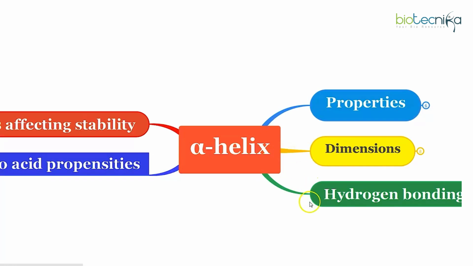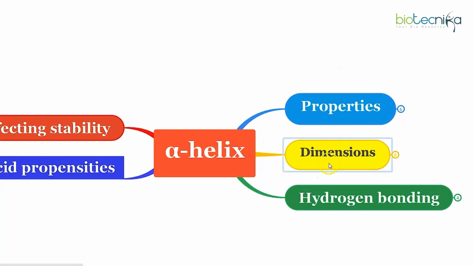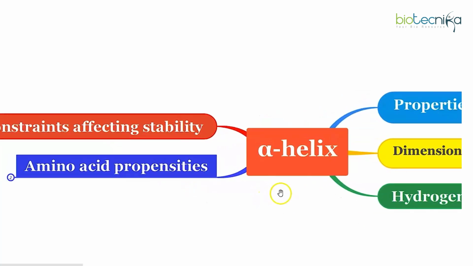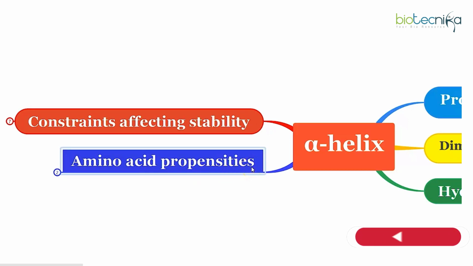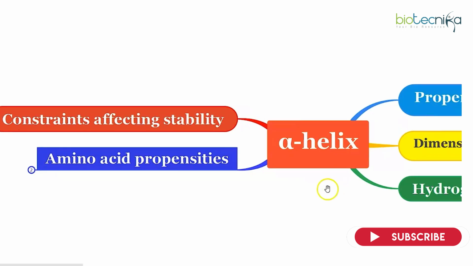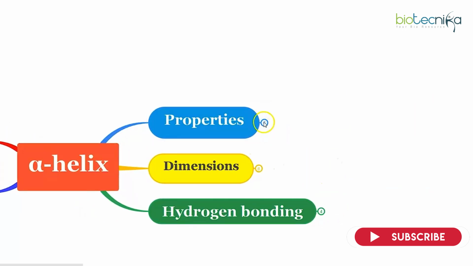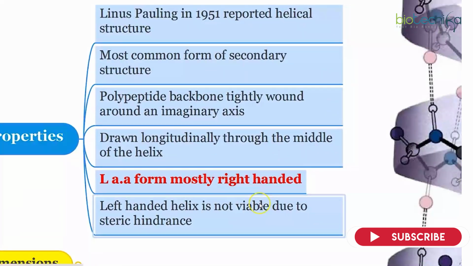So yes, we are going to look at some properties of alpha helix, something about dimensions, what type of hydrogen bonding will be present, the different constraints which affect the stability of alpha helix, what the factors are, and the amino acid propensities. Propensity means possibility: which amino acid will stabilize the structure more, and which amino acid will destabilize the structure more. So without much further delay, let's start with the properties.